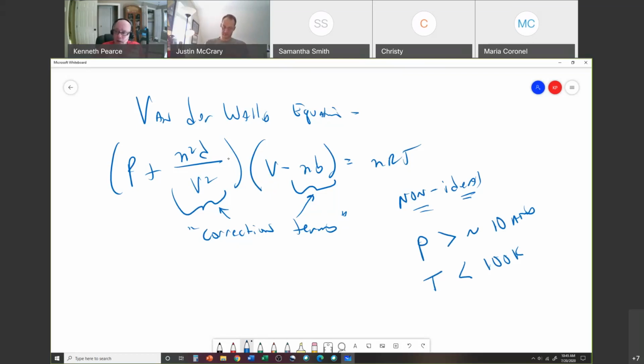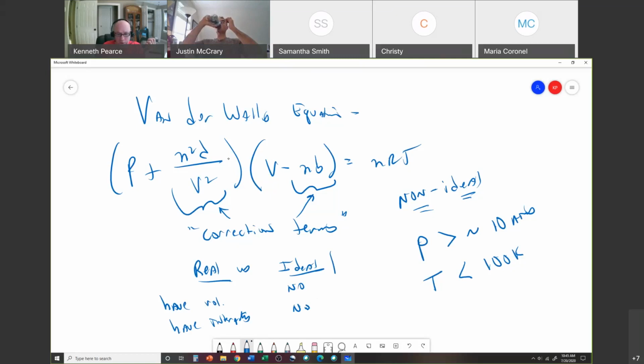Real gases have interactions, and they actually have masses and attractions. Real versus ideal: real gases have volumes, and real gases have interactions.